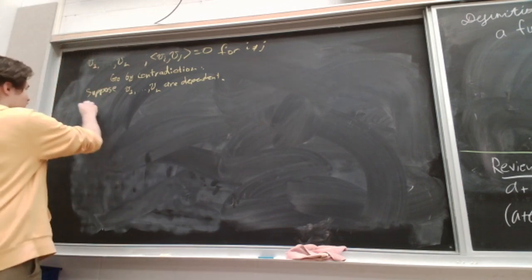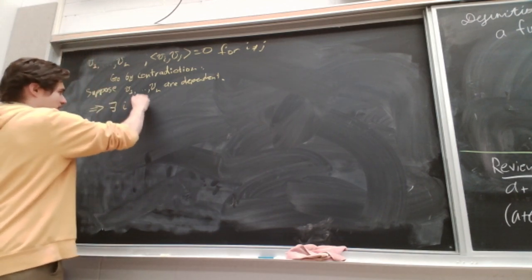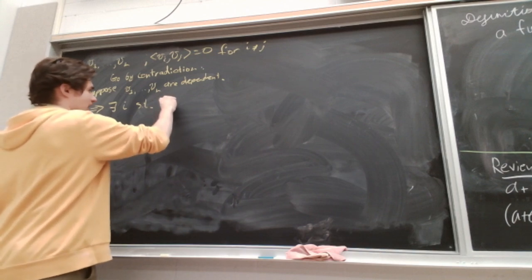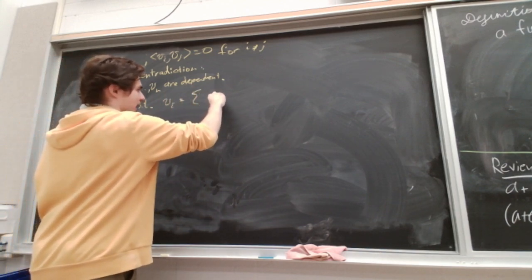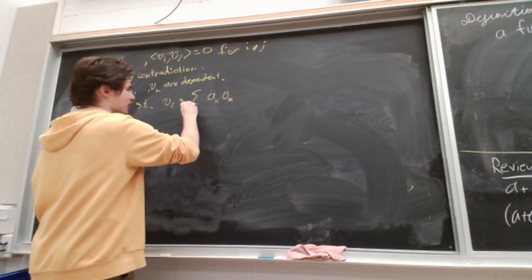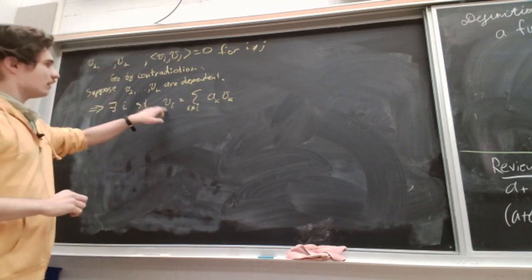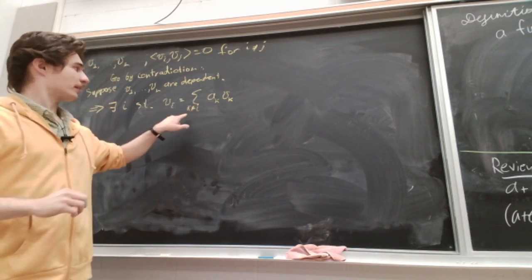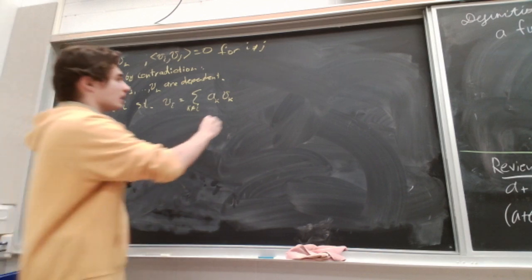So this means there exists i such that vi is equal to the sum of the other vectors, ak vk, over k such that k is not equal to i. So I can present this vector as a linear combination of all the other ones that aren't it. Yes?